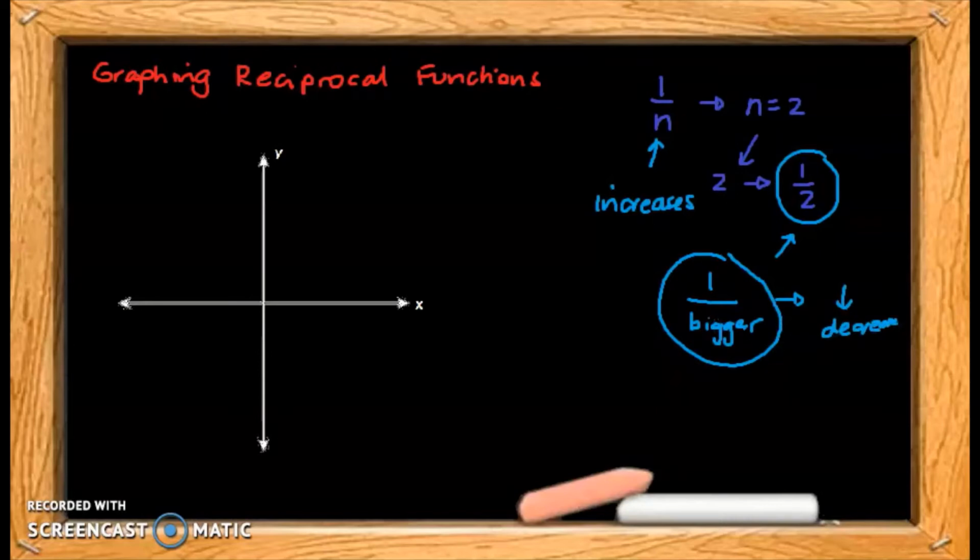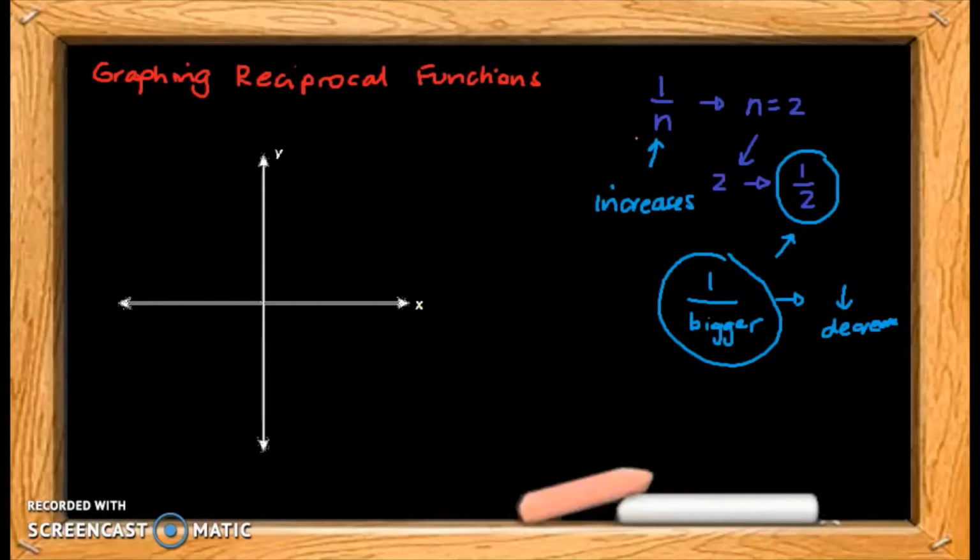So, the bigger the denominator, the smaller the overall number. And likewise, the smaller the denominator, the bigger the overall number. That's one of the basic principles we're going to keep while we look at graphing reciprocal functions.